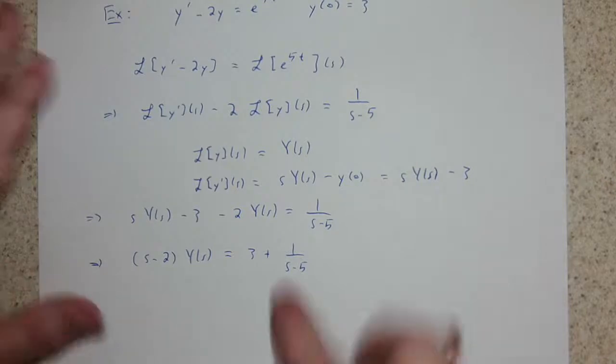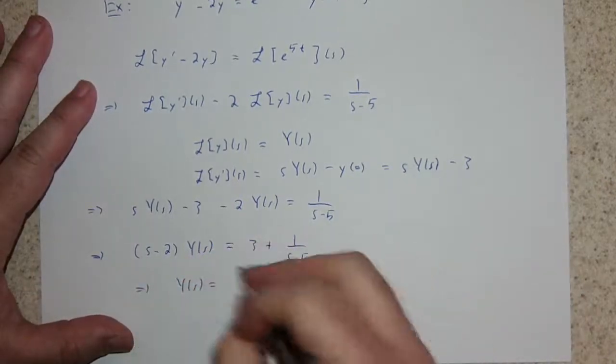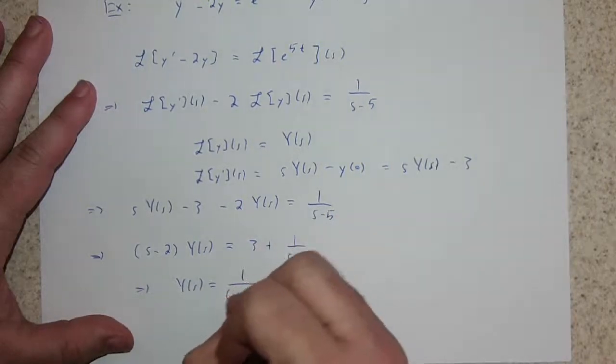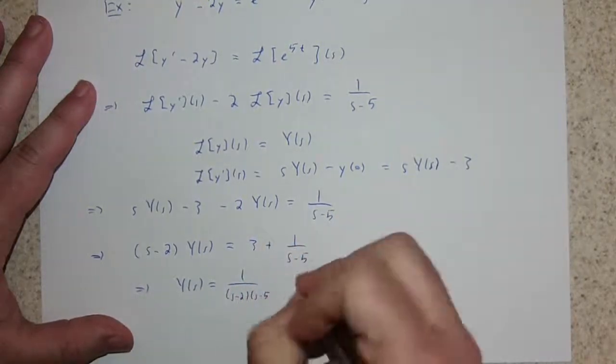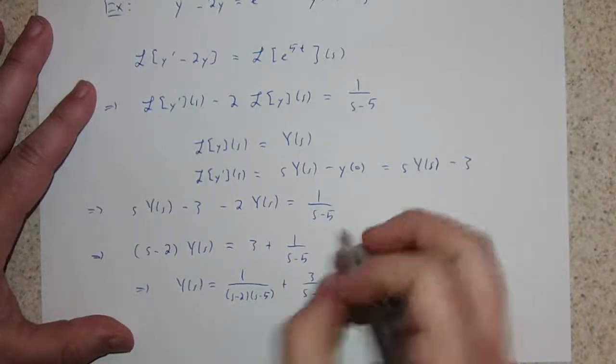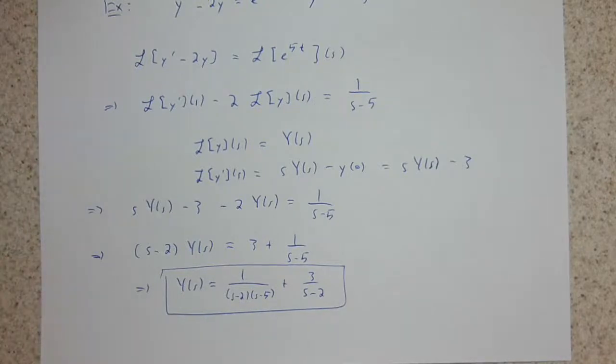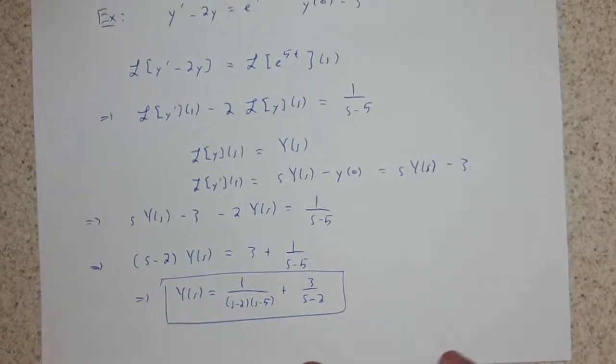And what I get is Y(s) is equal to 1 over (s minus 2)(s minus 5), plus 3 over s minus 2. So that's my Laplace transform of the solution.